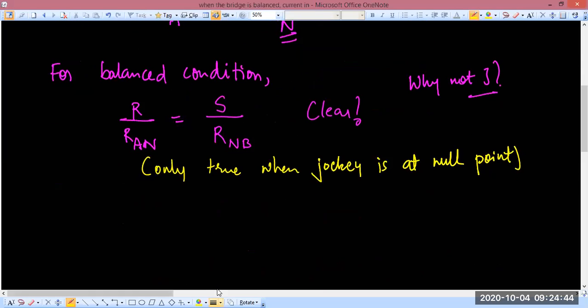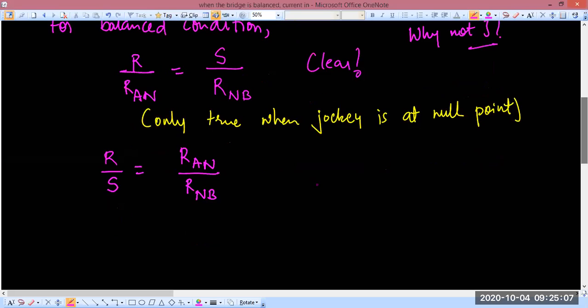So let's continue. Now it's very simple. See, now it's very simple here. Just two steps and you get the unknown resistor. So R upon S is equal to, right? Okay, fine.